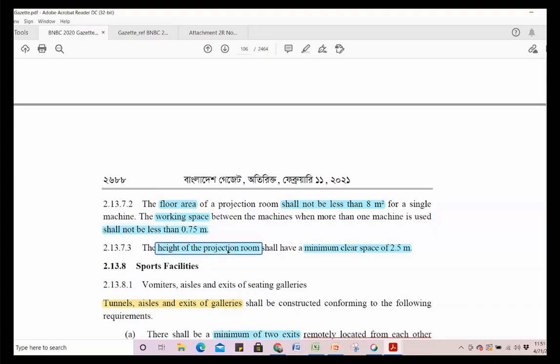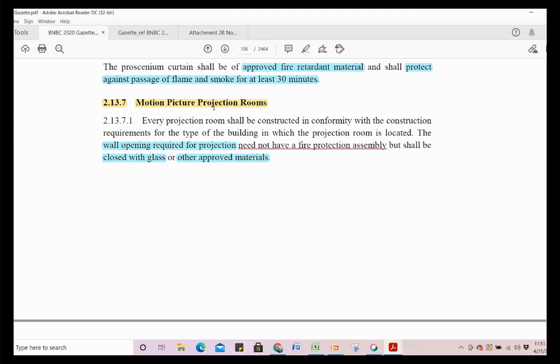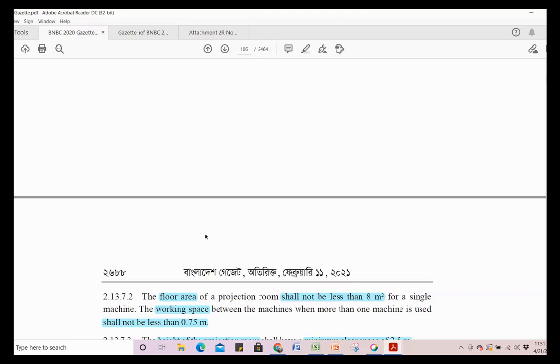The height of the projection room shall have a minimum clear space of 2.5 meter. So this is the requirement for projection room infrastructure. So this is one type of assemblies where stages and projections are there.